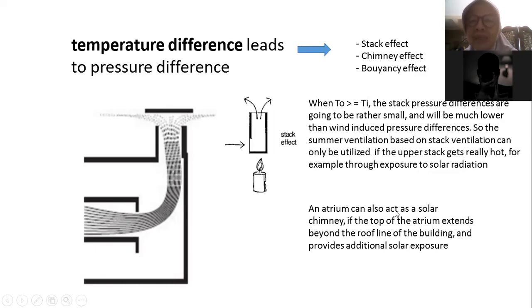An atrium can also act as a solar chimney if the top of the atrium extends beyond the roof line of the building and provides additional solar exposure. That means here this solar exposure. That is the role of the atrium to generate the stack effect ventilation.